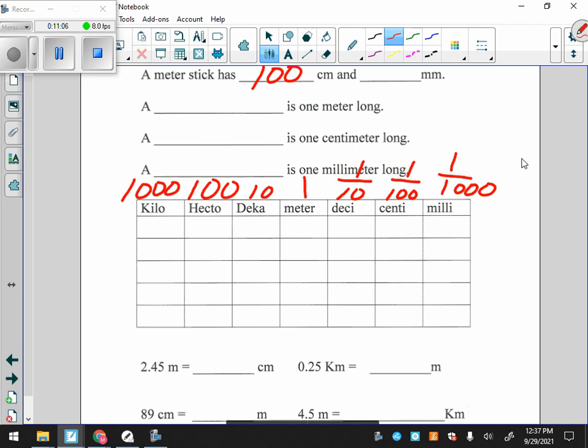So, let's practice. If you had 2 and 45/100ths of a meter, how many centimeters would you have? How many centimeters would you have, Adriana? Good job. 245.